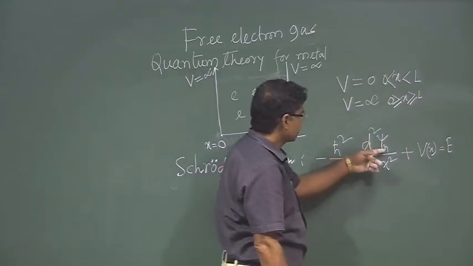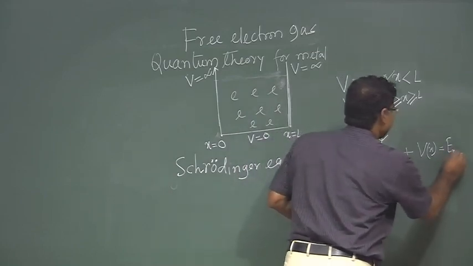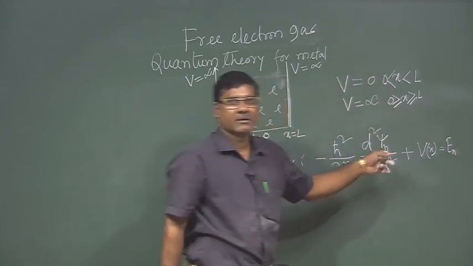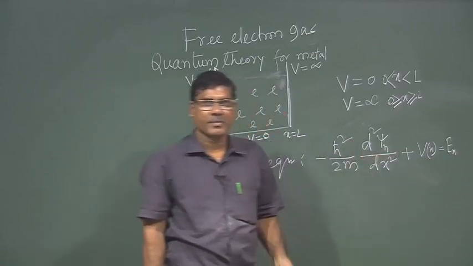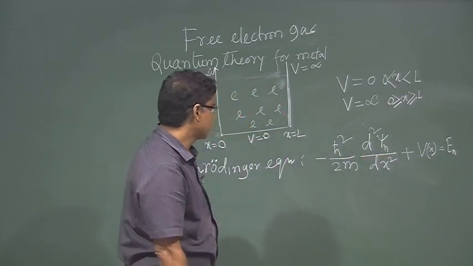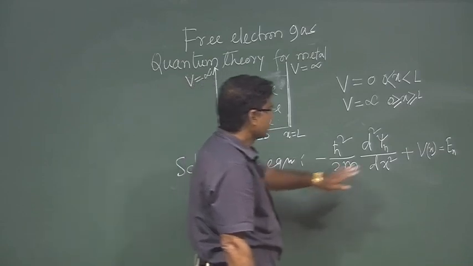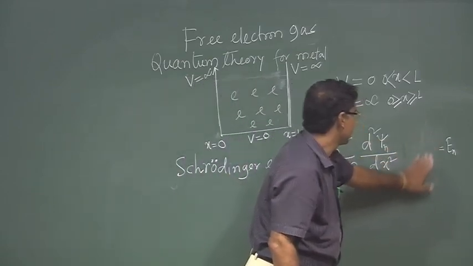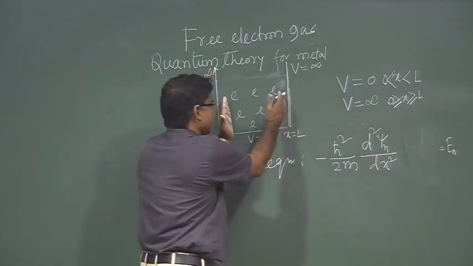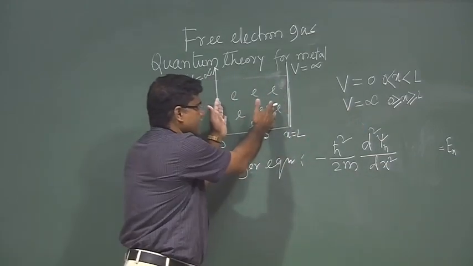This is the total energy for the nth state, the energy of the nth state. Here we have considered the potential energy 0 inside the box, so we are treating the system inside the box.